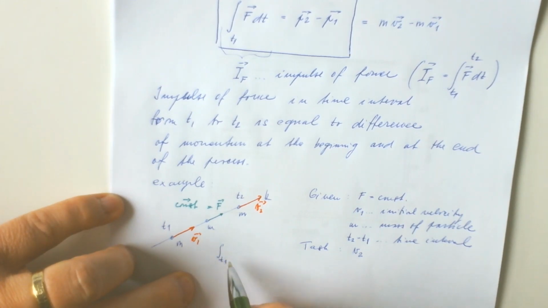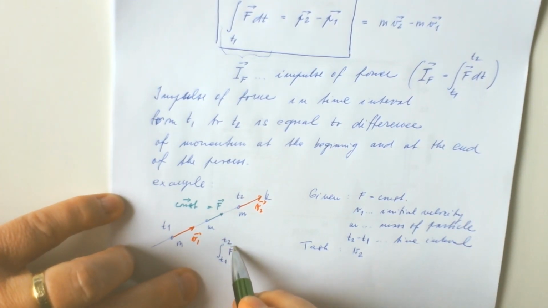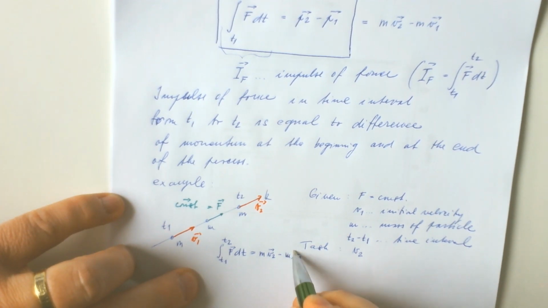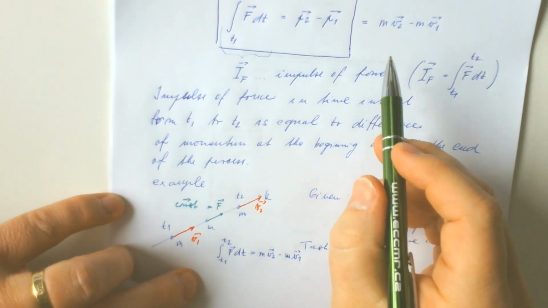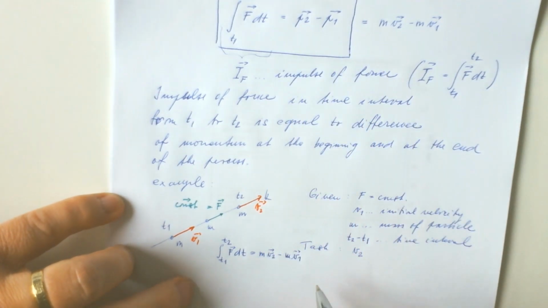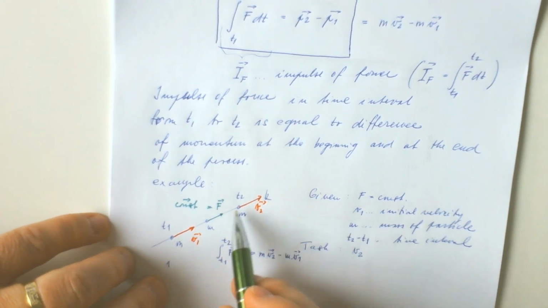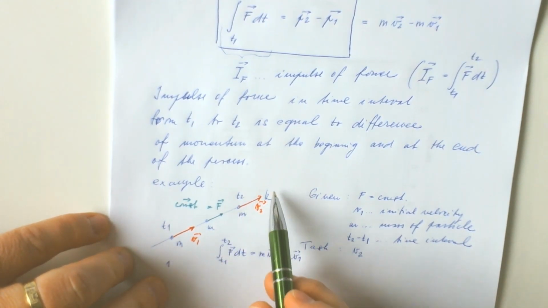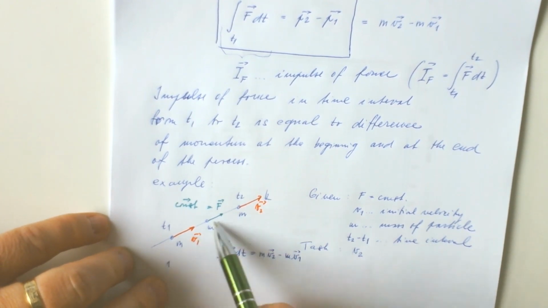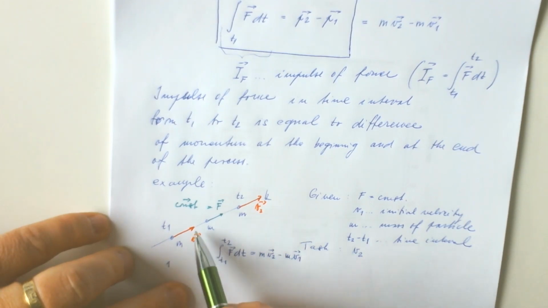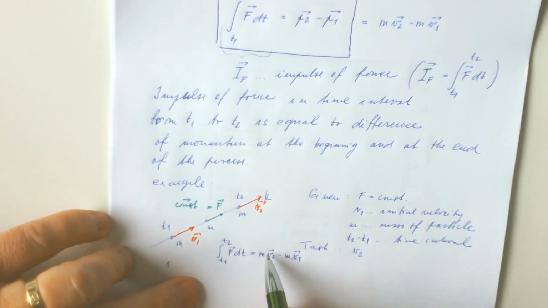integral from t1 to t2 of F dt is equal to m v2 minus m v1. It follows from this, okay? And because it is one axis, a 1 degree of freedom system, so the particle makes a rectilinear motion on some linear trajectory, we can cancel vectors, so we can rewrite it to scalar form.